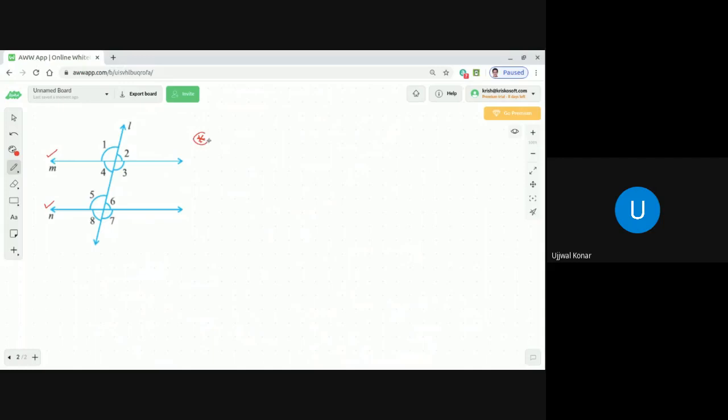So the first statement I am going to write is: if a transversal intersects two parallel lines, then each pair of corresponding angles is equal.